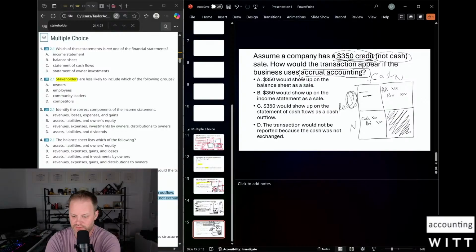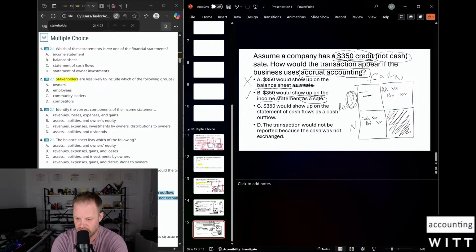I have a graphic. Okay, so where is 350 going to show up? It's going to show up on the balance sheet as a receivable, so not as a sale. It would show up on the income statement as a sale, so there's a problem with this one.